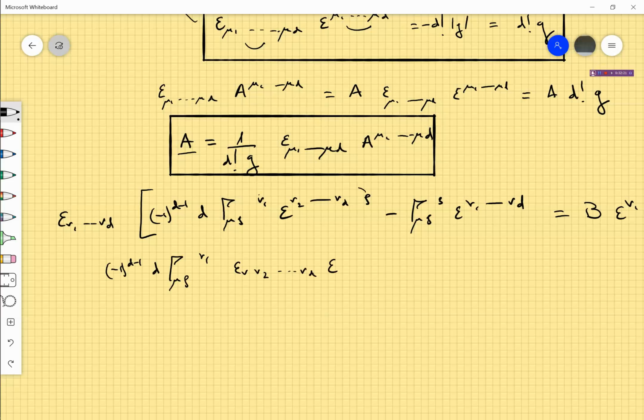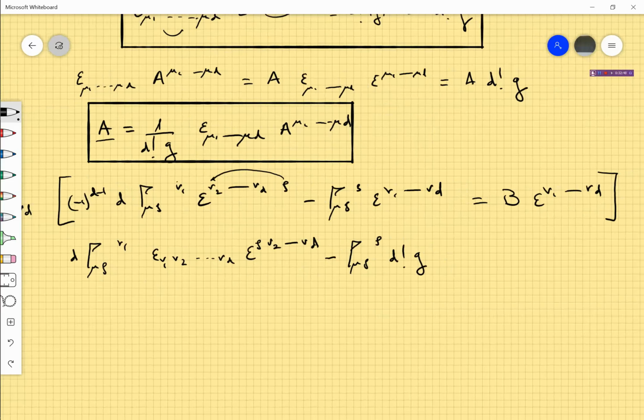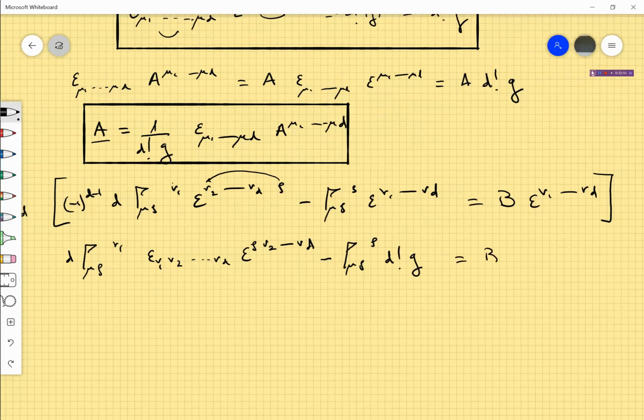Let me move this rho to the first position, which gives me a factor of minus 1 to the d minus 1 to cancel this one, and then I have rho nu 2 up to nu d. Then the second term is minus mu rho and is epsilon times epsilon, which is d factorial g, and then the last term is b d factorial g.